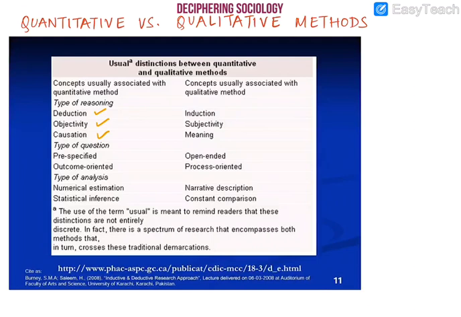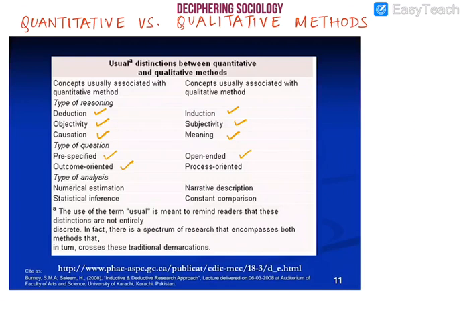In a qualitative method, it follows the induction method, subjectivity and there is interpretation of meaning. The type of question in quantitative method is pre-specified, pre-decided, whereas it is open-ended in the case of qualitative method. Also, the type of question is outcome-oriented. That means the answer that is given by the respondent is given more importance.